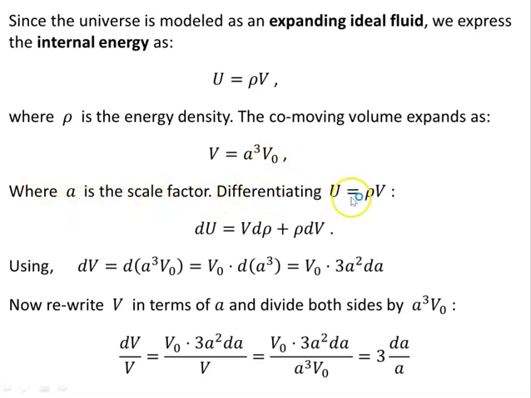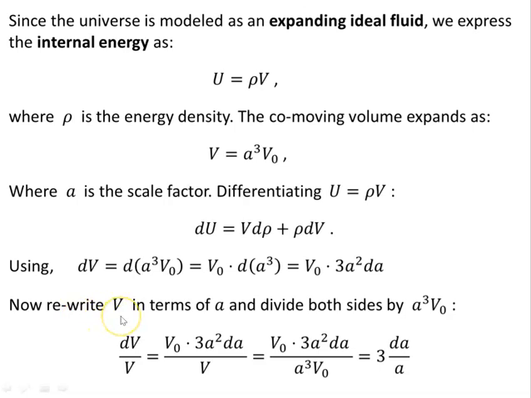So differentiating U equals rho V, we get dU is V d rho plus rho dV, using the product rule there, or Leibniz rule. Then dV is d of A cubed V0. V0 is a constant value, so we get V0 times the derivative of A cubed, which is V0 times 3A squared dA.